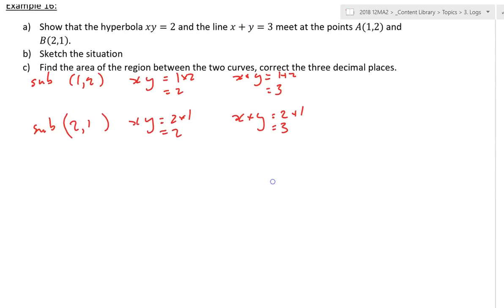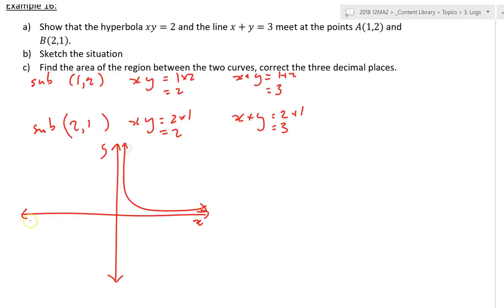Sketch the situation. Here are my axes, x and y. My rectangular hyperbola, xy equals 2, does this sort of thing, with asymptotes as the axes. Then x plus y equals 3, or if you prefer, y equals negative x plus 3, does this sort of thing.